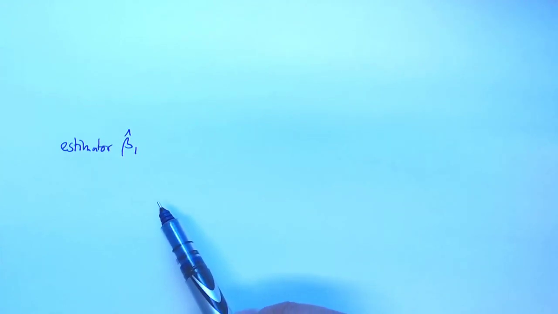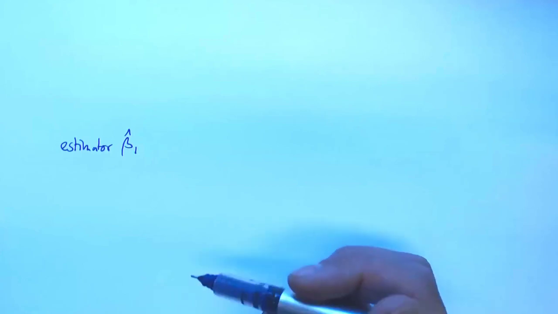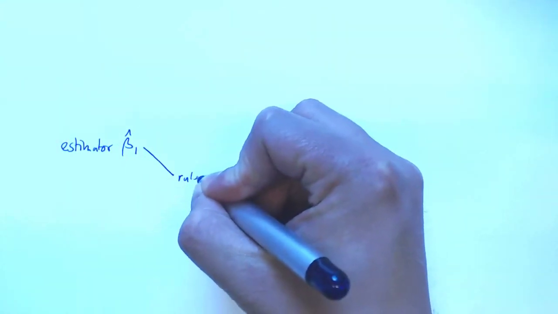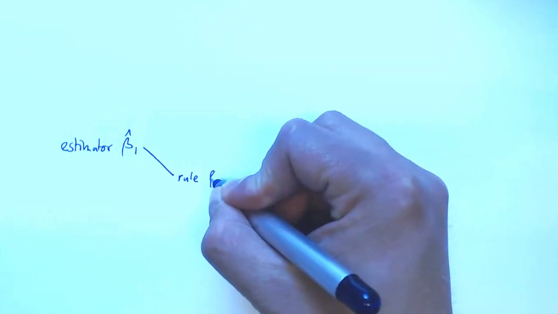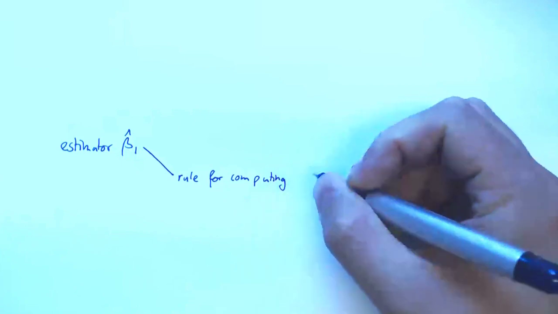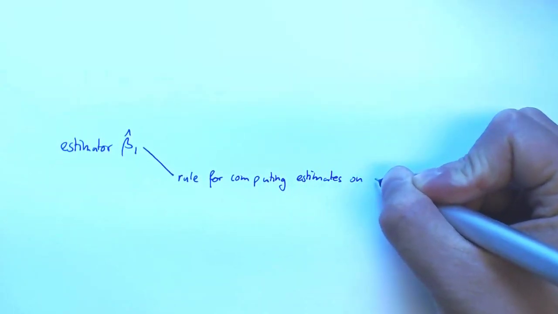So what is our estimator beta 1 hat? Well, like any estimator, it consists of two things. First off, a rule for computing estimates on a data set.